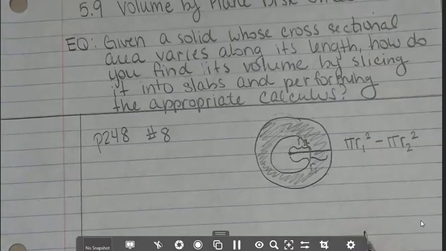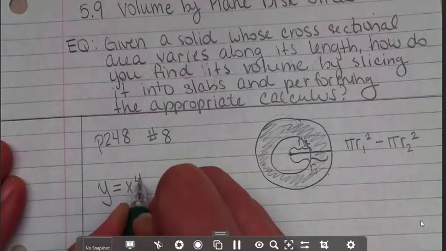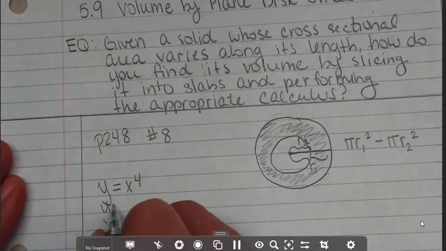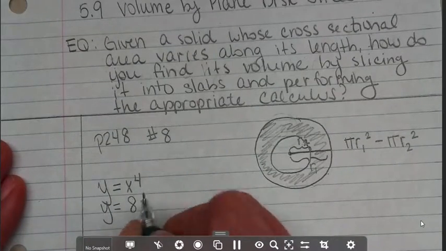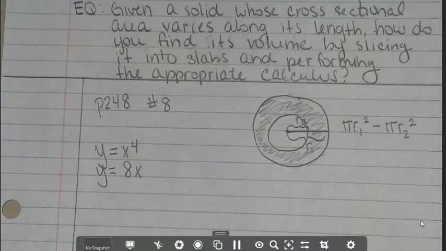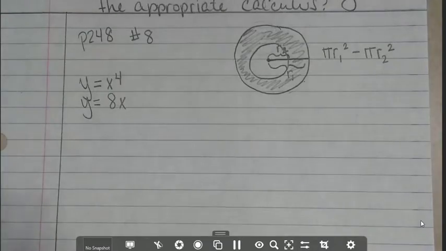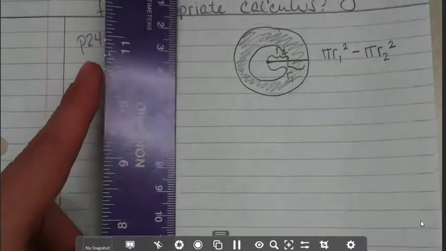All right, so my two functions: the first one is y equals x to the 4th. The second one is y equals 8x. Okay, and then I'm going to draw a rough sketch of this. It's not going to be perfect, but I am going to draw it. That way we have something to write on and reference.